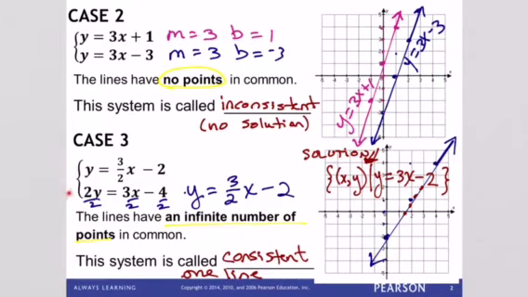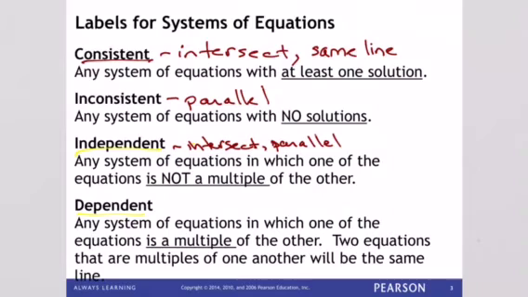This top equation, if you multiply it times 2, you get the bottom equation. So whenever two lines are right on top of each other, they're going to be multiples of each other. So that's what happens in a dependent system. This would be the two lines are the same. Okay?